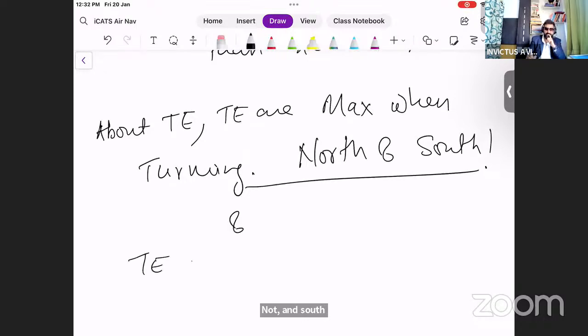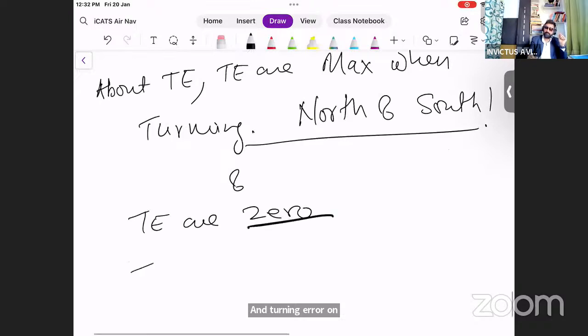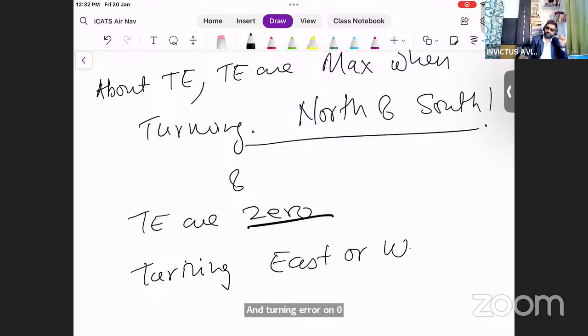And turning errors are 0 when turning east or west.